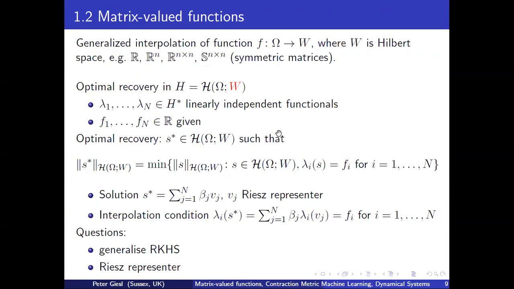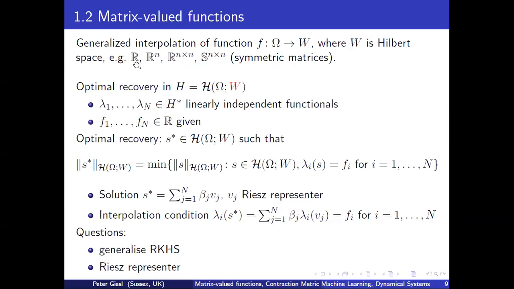Right. Now, as I said earlier, in the second part of the kernel section, we are now looking at matrix valued functions. So what we want to do now is optimal recovery, as we did earlier, but now the Hilbert space is a space of functions from omega into matrix values. So more generally, we just say we want a generalized interpolation of functions from omega to W, where W itself is a Hilbert space.